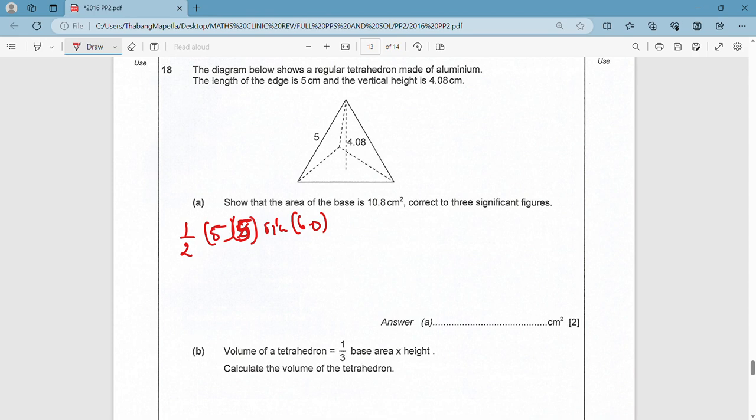That gives 10.82531755. Rounding it up, it will be 10.8.